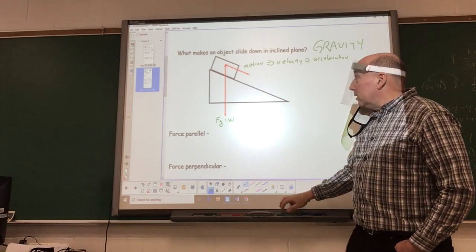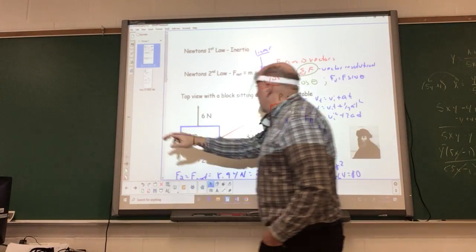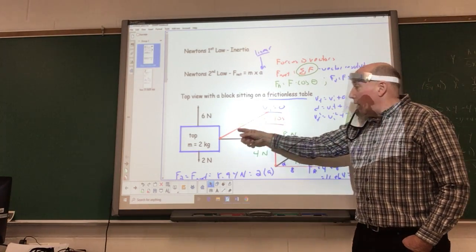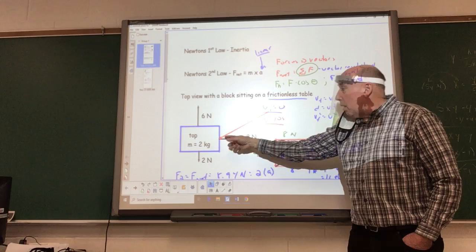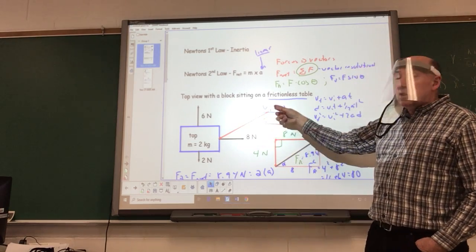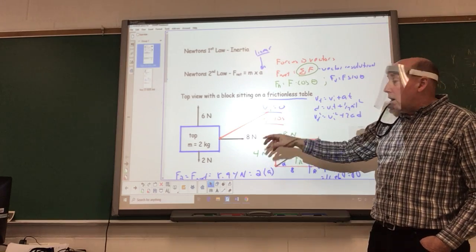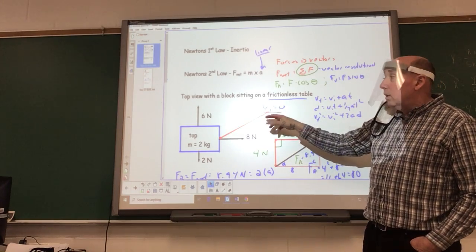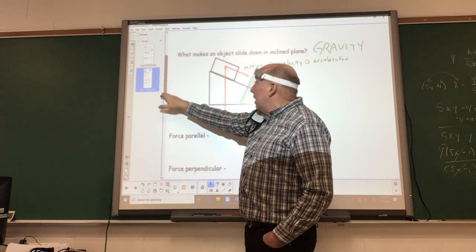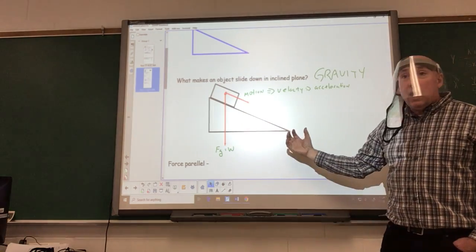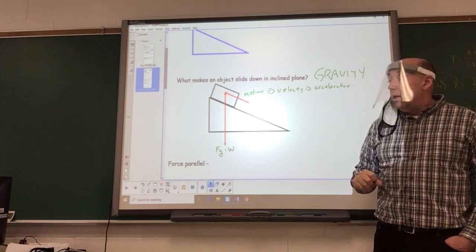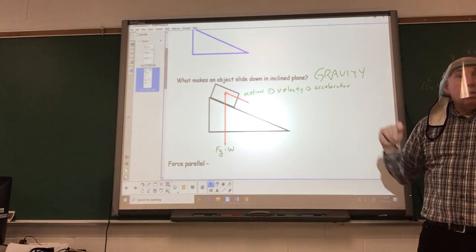And remember back to what we did on the front side here. Our net force is going in this direction, our motion's going in this direction, our velocity is going in this direction, our acceleration is going in this direction. Our net force is here. The only thing that we have in this case, the only force that is making us go down the hill is this force of gravity, the weight, which is not in the direction of our motion.